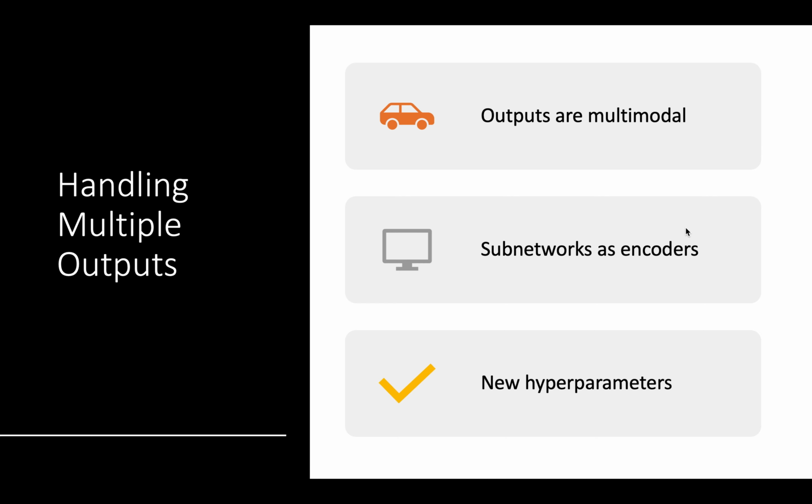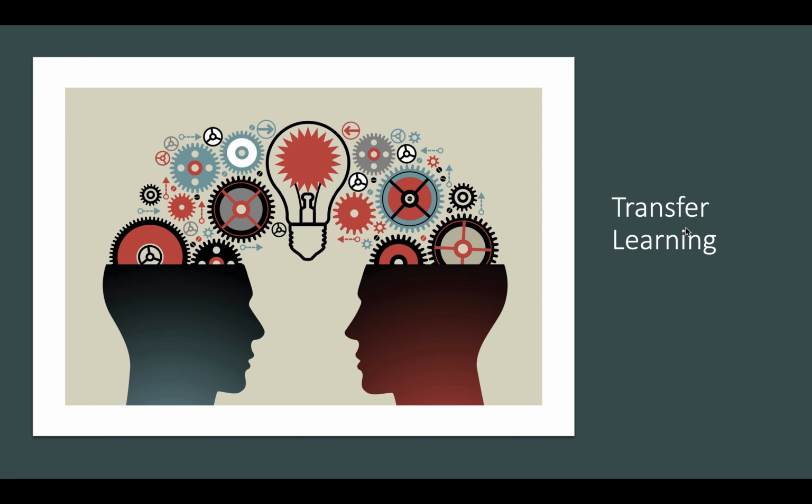And now let's get to something that is very interesting and it could be useful for you in several different contexts. Transfer learning is probably where neural networks have a unique advantage over the shallow models.